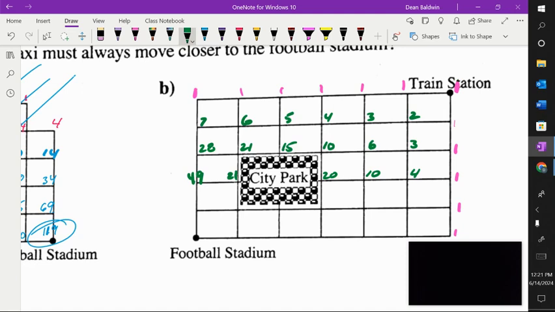Go to the next row. 4 and 1, 5. 15. 35. What's this number right here? 35, right? And then this one is 56.